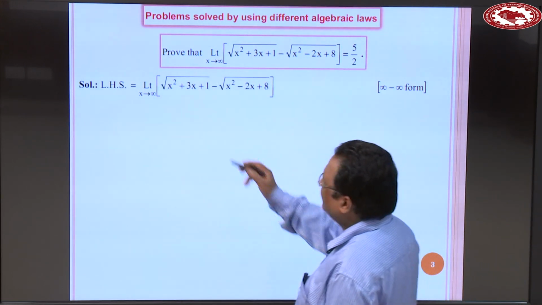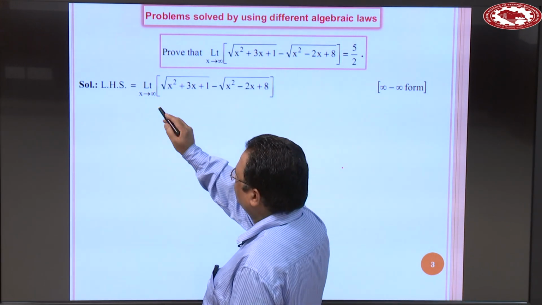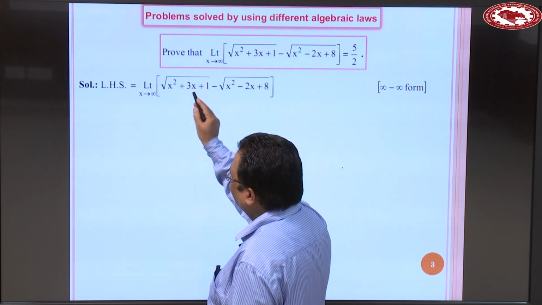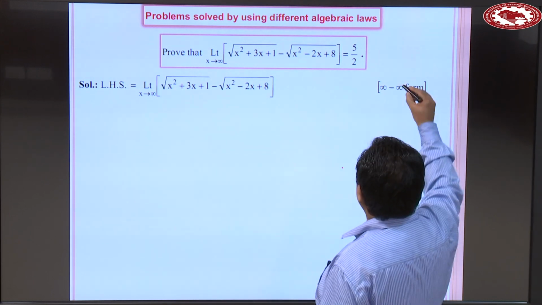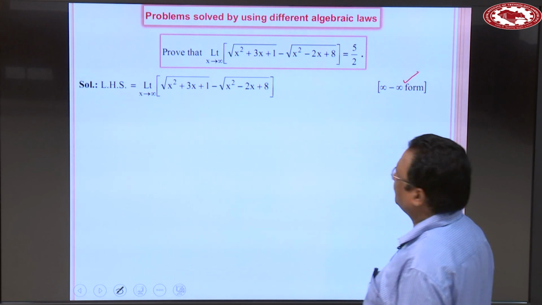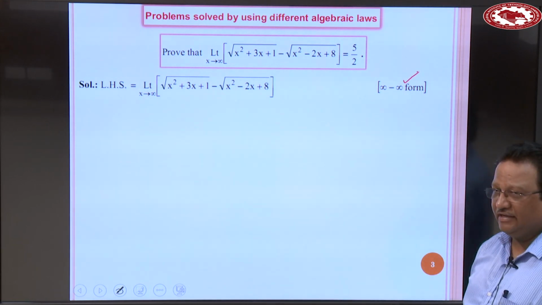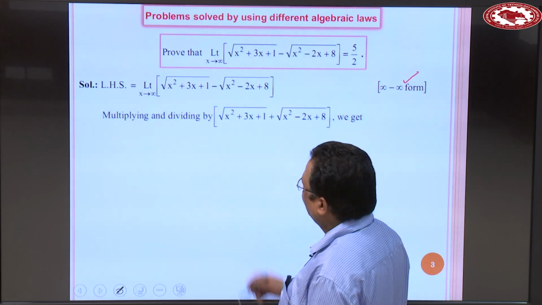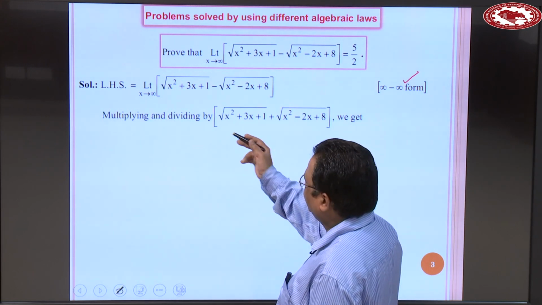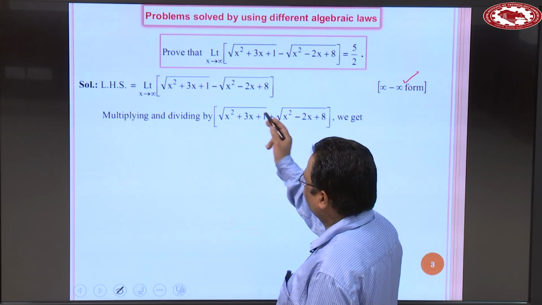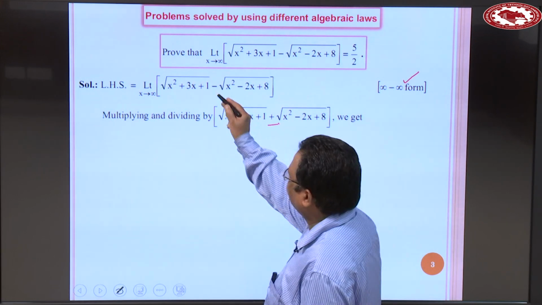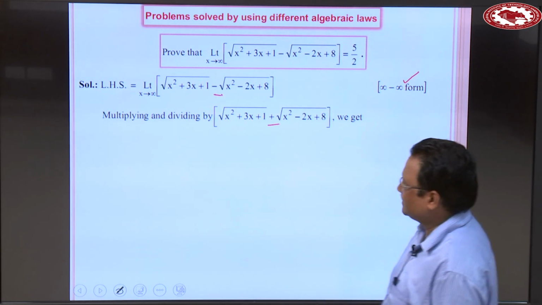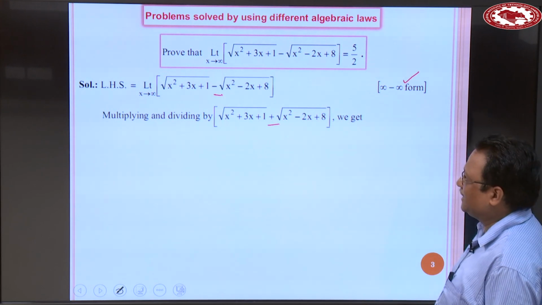Now, when we substitute, it becomes infinity minus infinity form. So, in these type of problems, how can we solve? Multiplying and dividing by square root of (x square plus 3x plus 1) plus square root of (x square minus 2x plus 8).